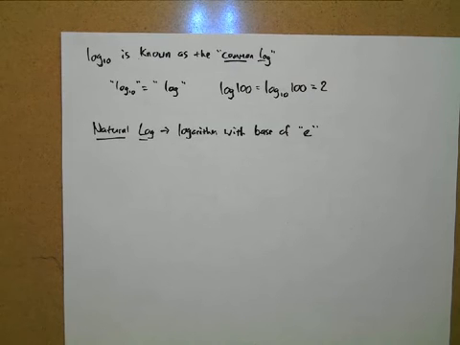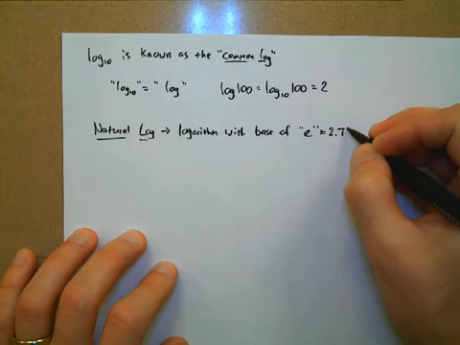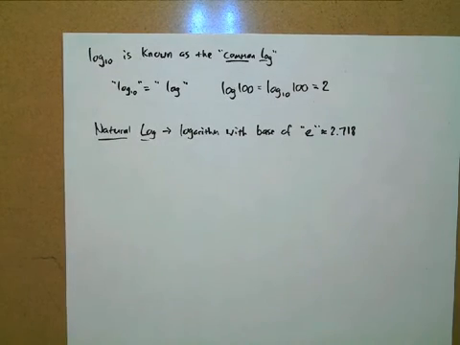And e is approximately, and this is going to be helpful for you guys in the future, e is approximately 2.718. Just like it's helpful to know that pi is about 3.14, it's helpful to know that e is about 2.718, because later on it will be helpful. Okay?